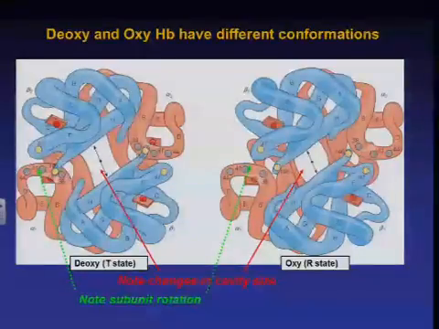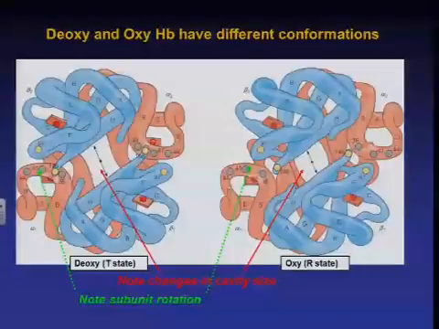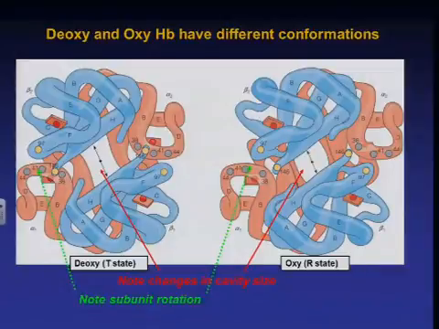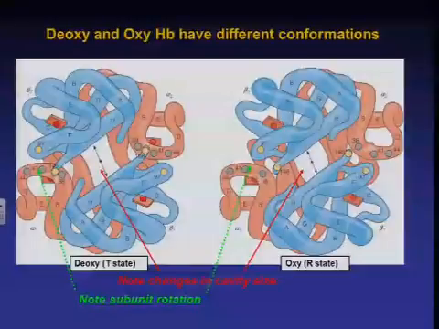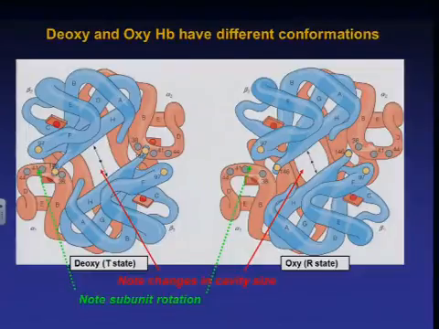And to get you thinking ahead of where we're going, let's say we're in the deoxy state. If we bind one oxygen molecule, if we're successful in doing that, that's going to trigger that change in the quaternary structure. And that structure is then going to make the remaining binding sites for oxygen in the preferred state for binding oxygen.